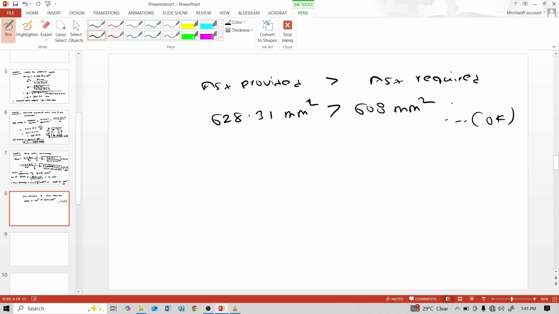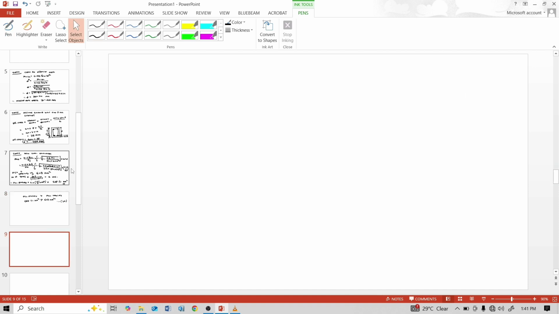Next step is check for width. Step 7. Check for width.